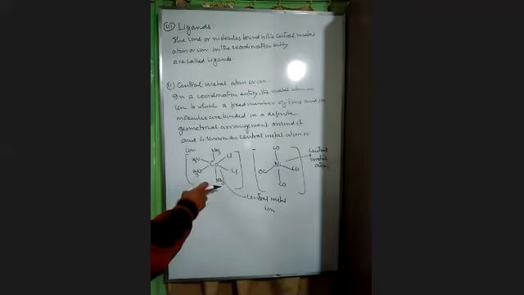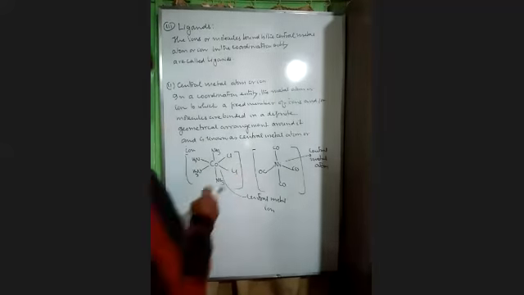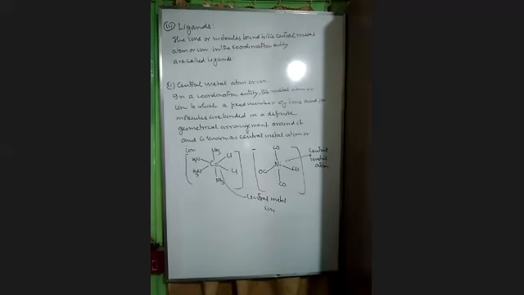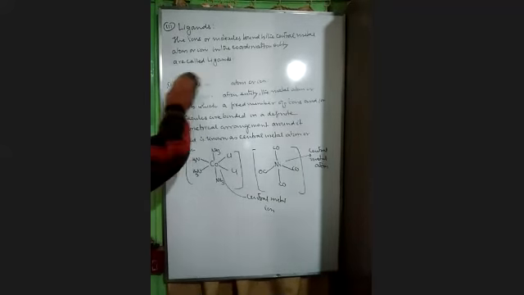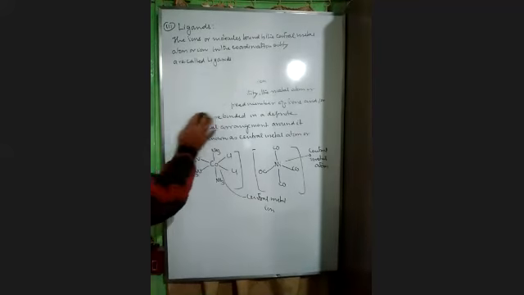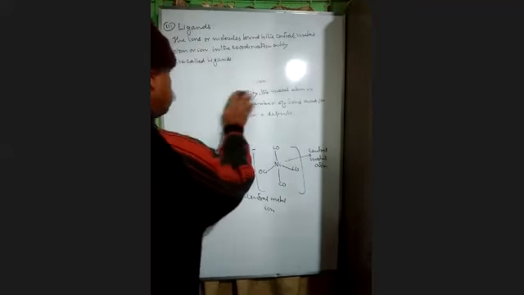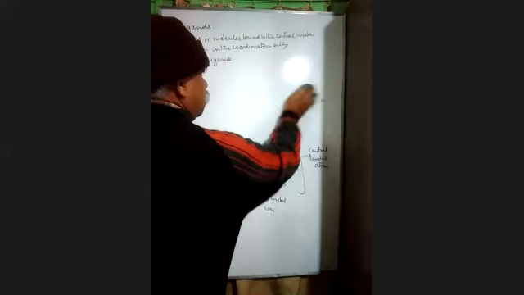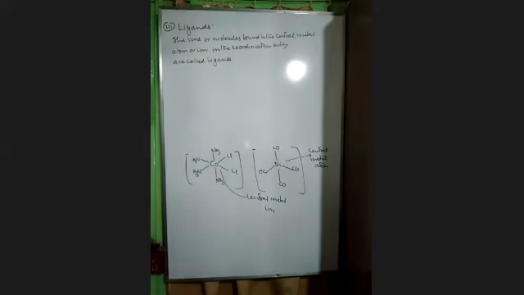This is ligand, this is ligand, these are all ligands. So if you consider your body to be the central metal atom or ion, then your hands, your legs are ligands. They are bonded to your body. Okay.